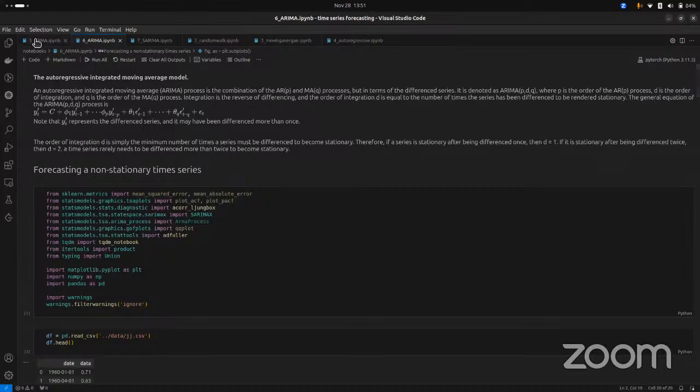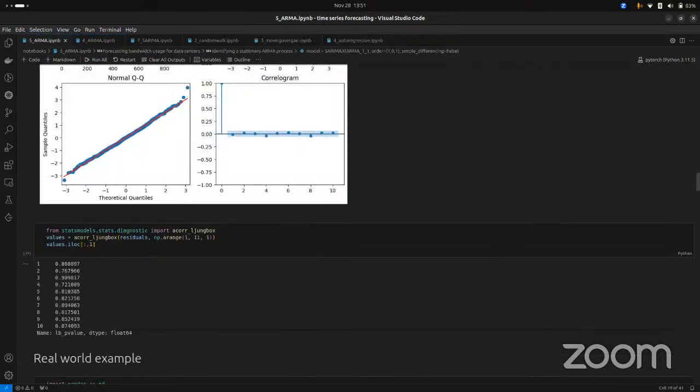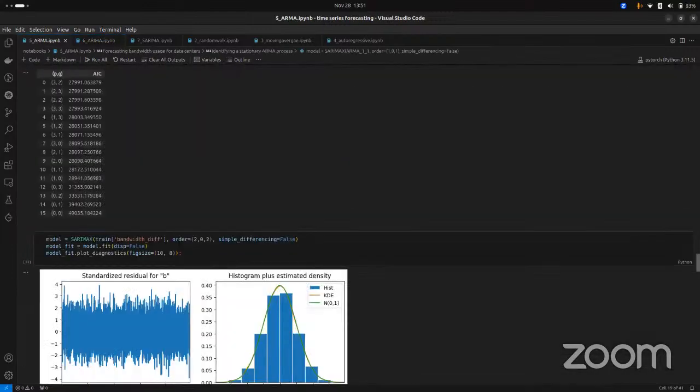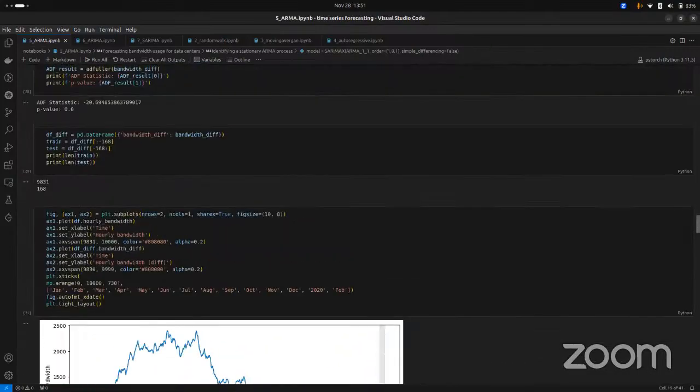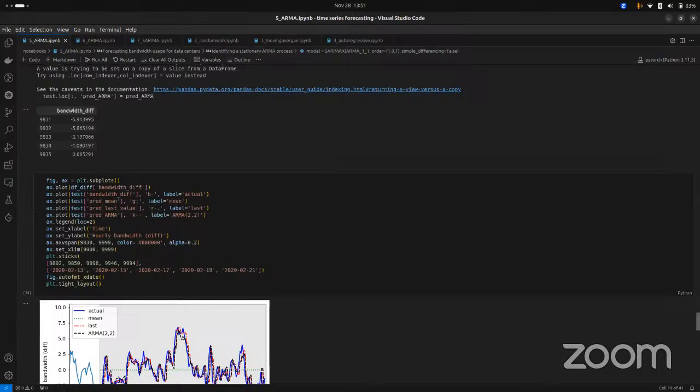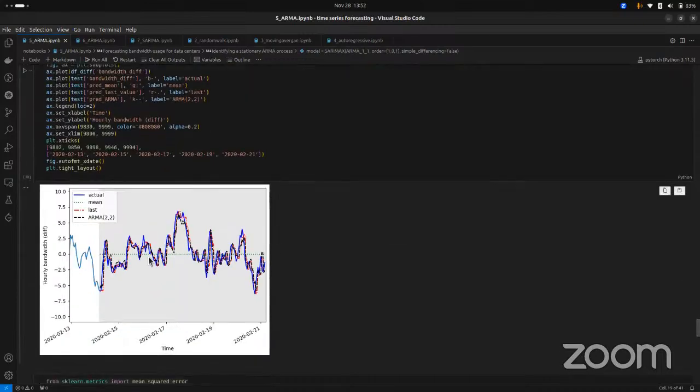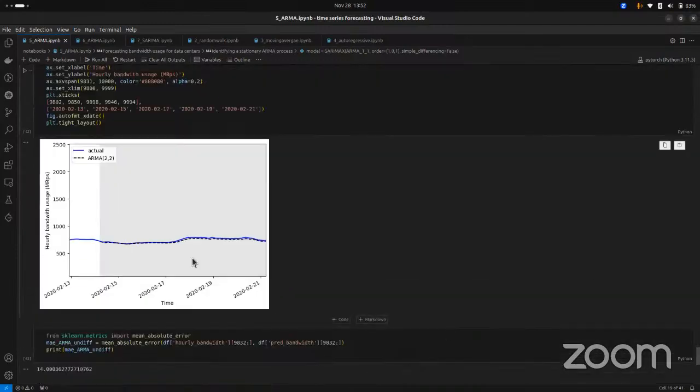Like I said, in all the things we're doing, we always do a difference so that we make it stationary. And when we do that, we end up with a differenced time series, and we have to do another transformation to get back to the normal time series.